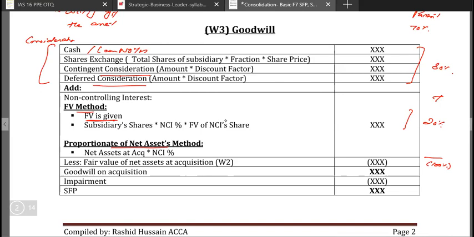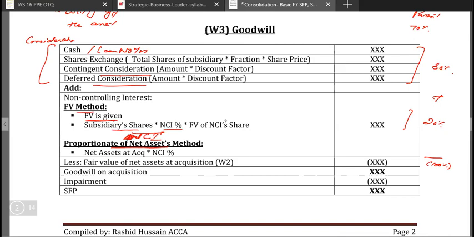If it is fair value method and fair value is given, well and good, fine. If it is not given, then you will be taking the total shares of the subsidiary. When you multiply it by the NCI percentage, that gives you the NCI shares. These are the shares which belong to the non-controlling interest. When you multiply it by the fair value of the NCI share, it gives you the NCI value.